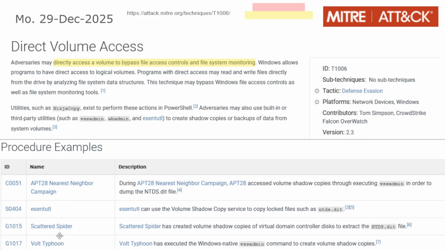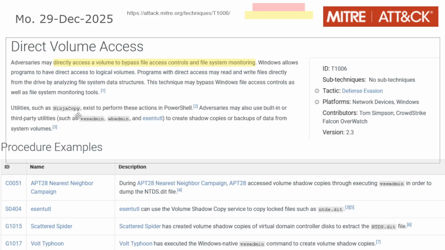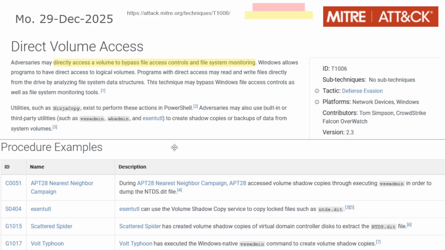No, we don't. NinjaCopy exists to perform these actions in PowerShell. Adversaries may also use built-in or third-party utilities such as VSSAdmin or WBAdmin, and I don't know any of these, to create shadow copies or backups of data from system volumes.